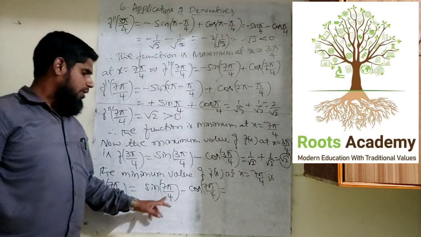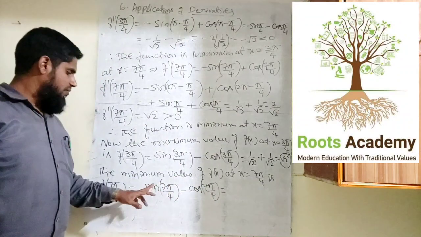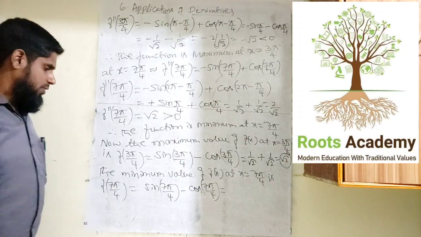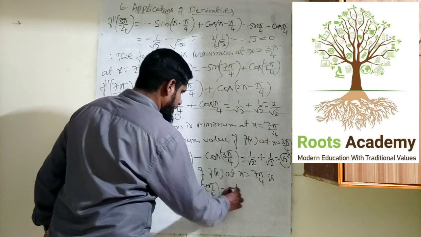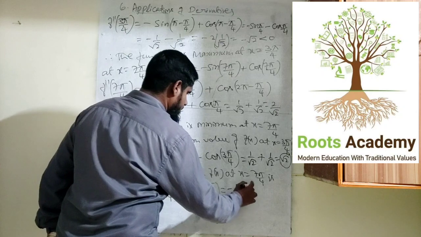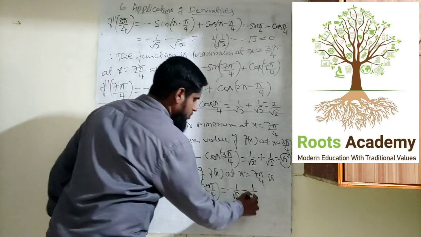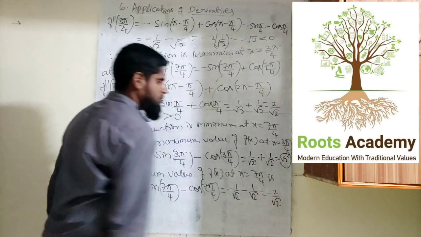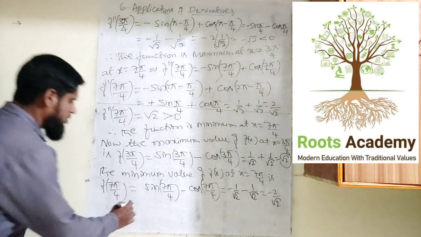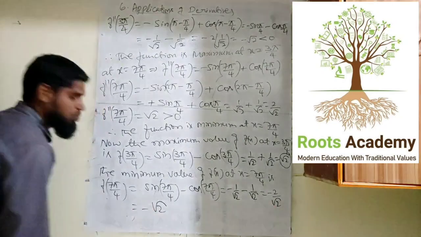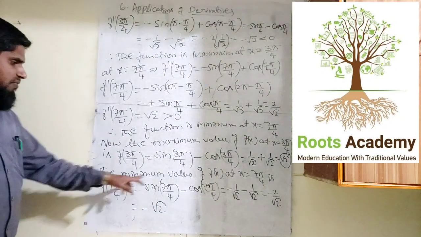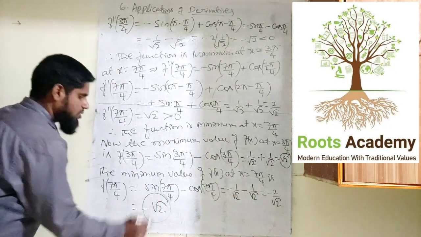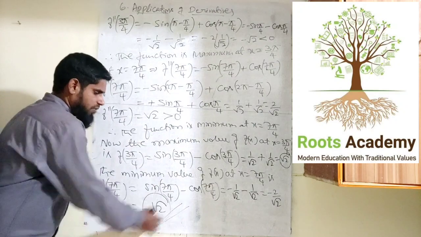This is in the fourth quadrant, in the fourth quadrant sin gives negative and cos gives positive. So this is minus 1 by root 2 minus 1 by root 2, that is minus 2 by root 2. So the answer is minus root 2. So student, the minimum value of the function at x is equal to 7 pi by 4 is minus root 2. This is the final answer.